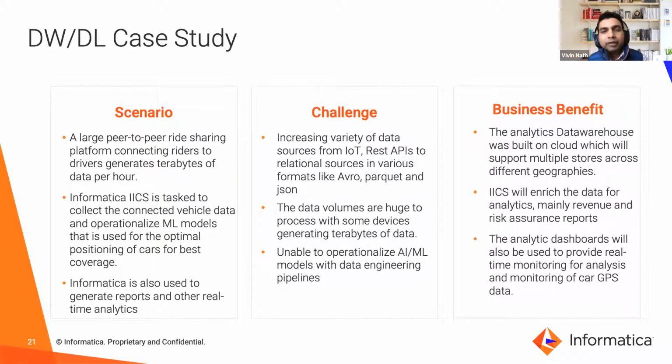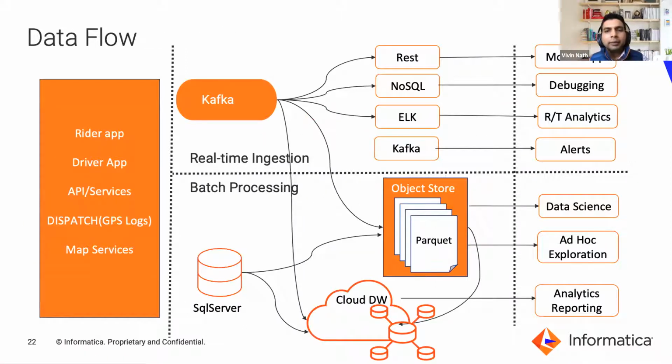They are leveraging Informatica to collect the connected data and operationalize the machine learning models that are used for optimal positioning of cars for the best coverage, right? And they also use it for their analytics dashboard. So typically they have a bunch of real-time and batch processing requirements where the data is coming into Kafka, which is getting consumed in different applications.